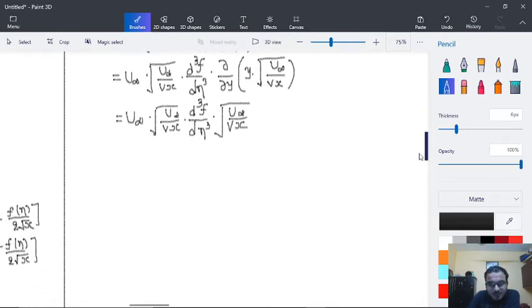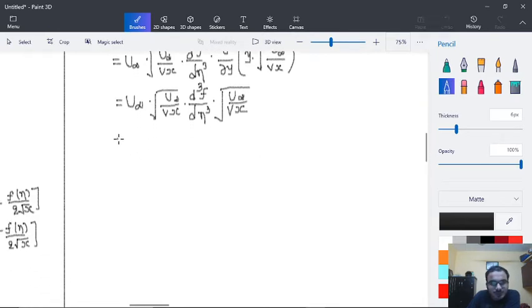So here further simplification of this will provide us u infinity square divided by nu into x into d3f over d eta cube.